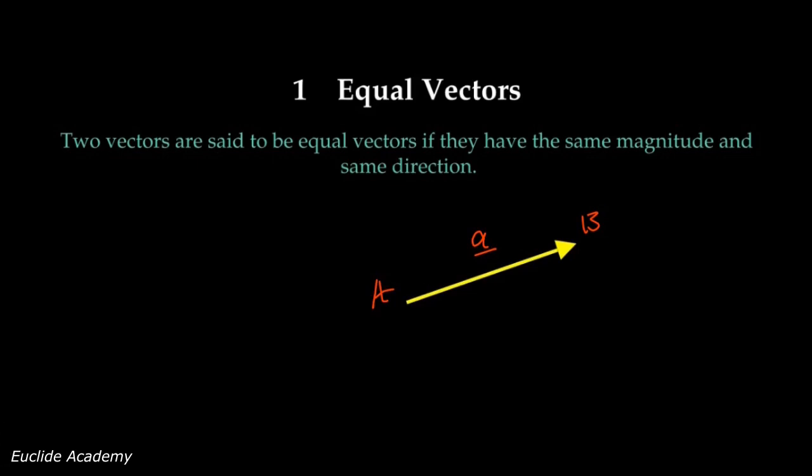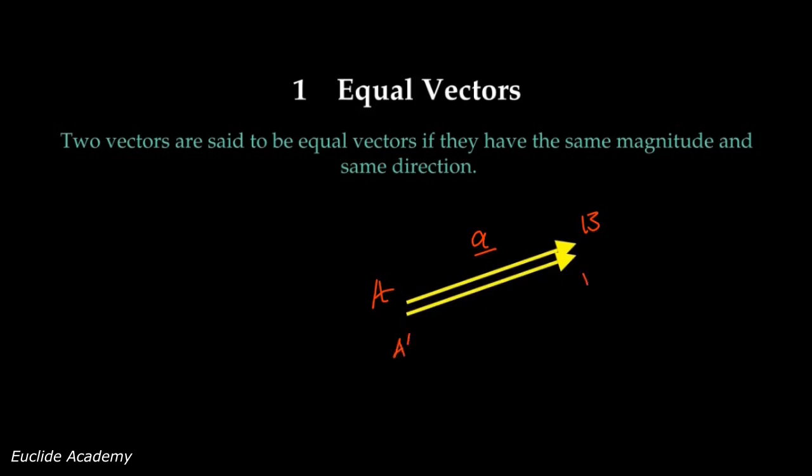It doesn't matter where it's positioned, it can be in free space. It could be that vector down there. It doesn't necessarily have to be in the same position. It just has to have the same direction.